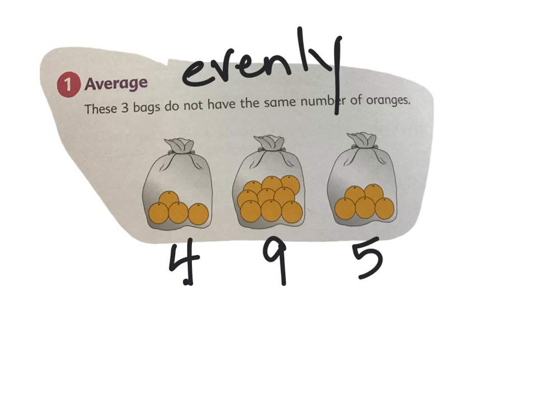So I noticed that bag number 1 has the least. So why don't I take one of the oranges from the second bag? And now I have 5, 8, and 5. We need to make them even. So let's take out another orange and add it to this one.